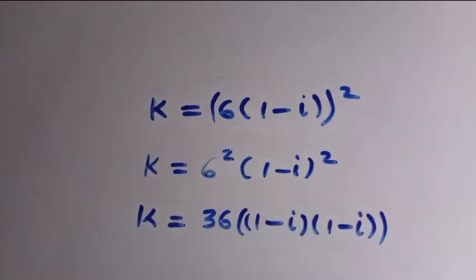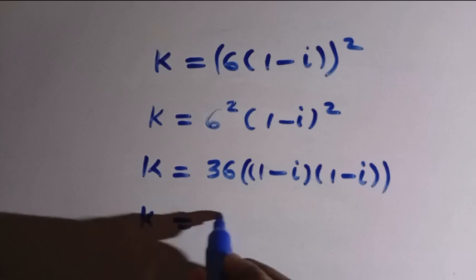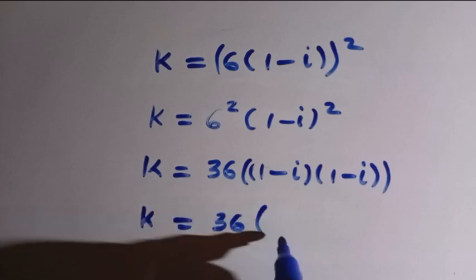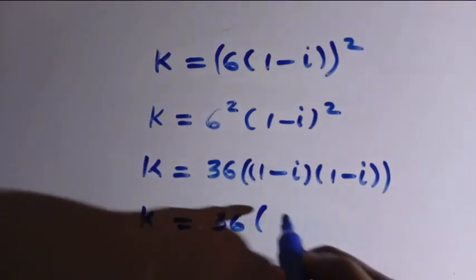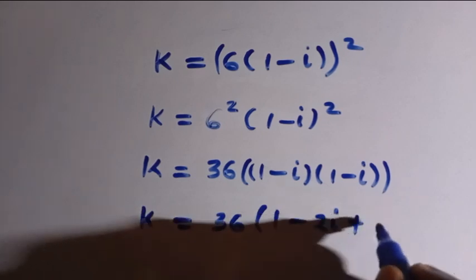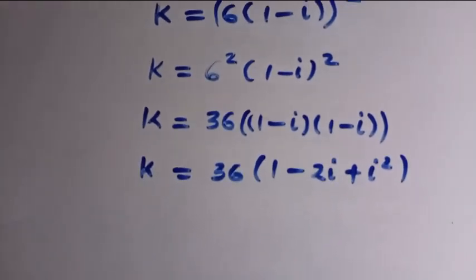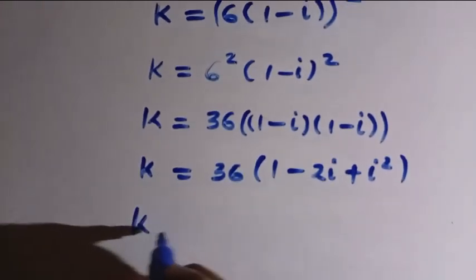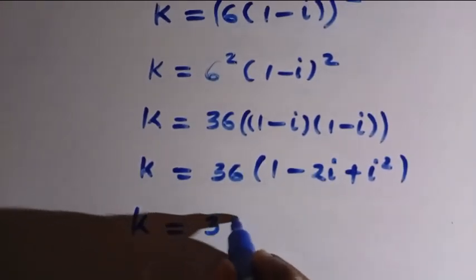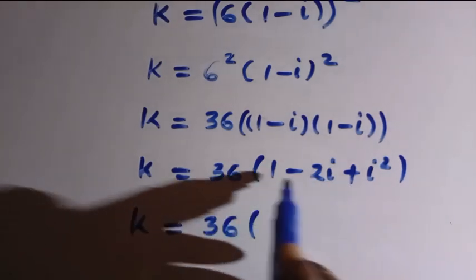After having this, we have k equals 36 into bracket of, when we expand the whole of this out, 1 minus 2i plus i squared. So here we have k equals 36 into bracket of i squared, that is minus 1.